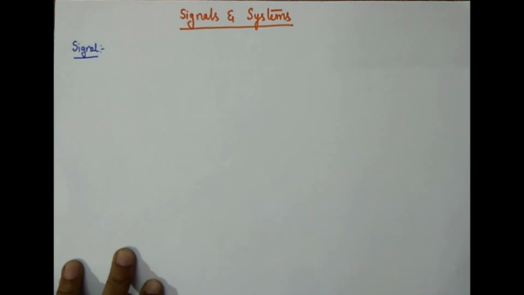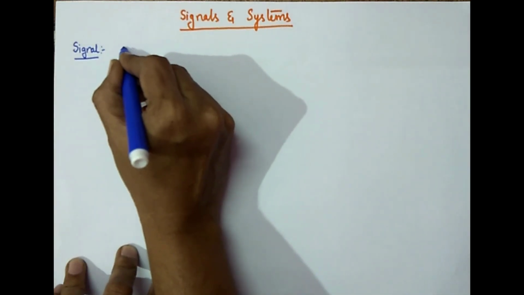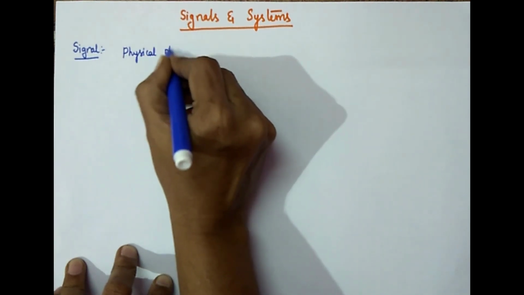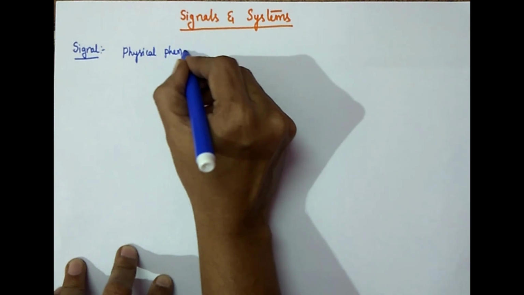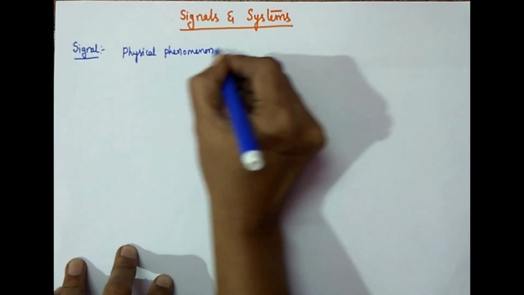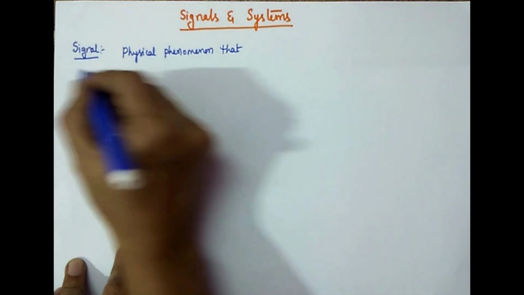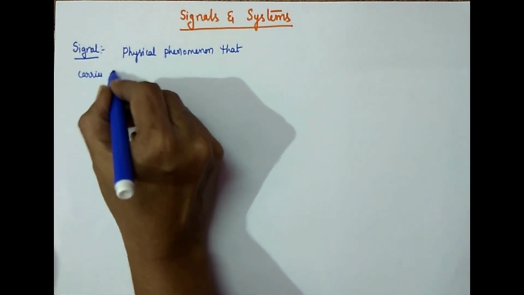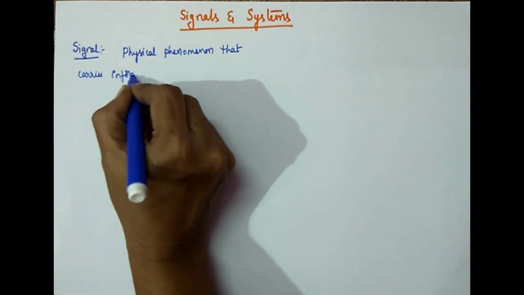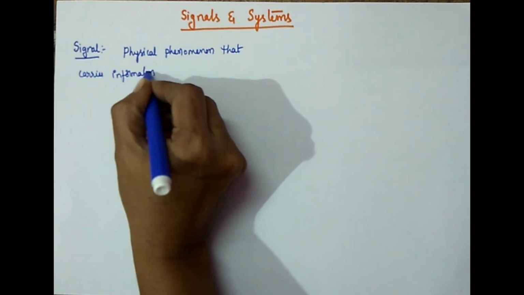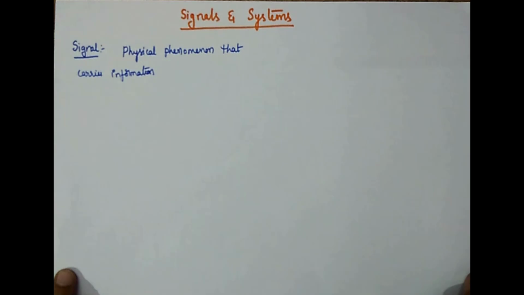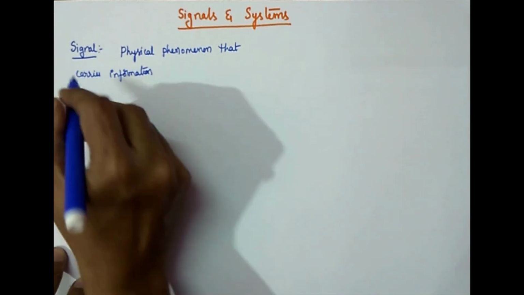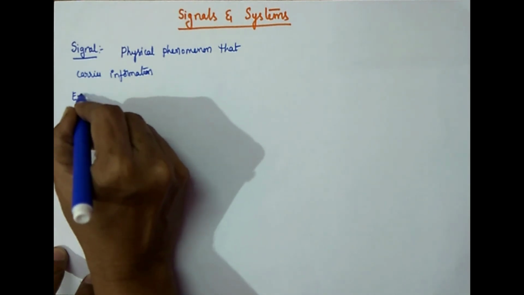What is a signal? A signal is any physical phenomenon that carries information. What are the examples?